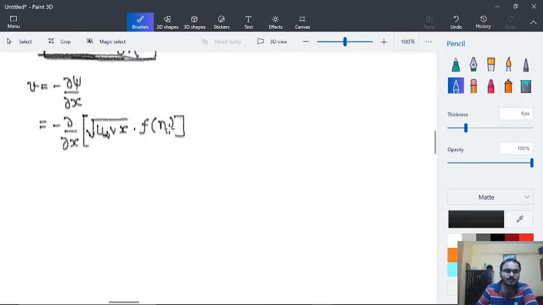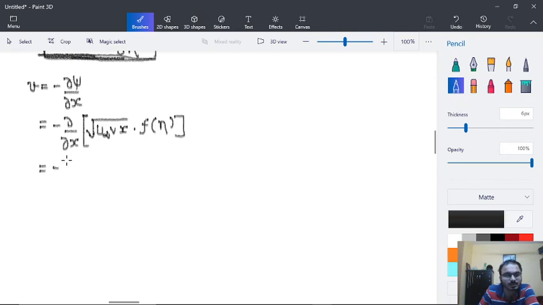So now here we need to be careful, in this bracket x is dependent on x as well as function of eta is also dependent on x. So we cannot do a simple derivation.